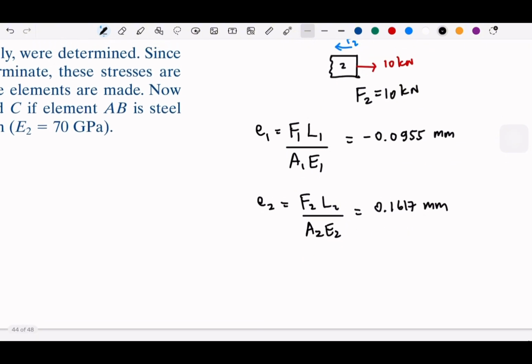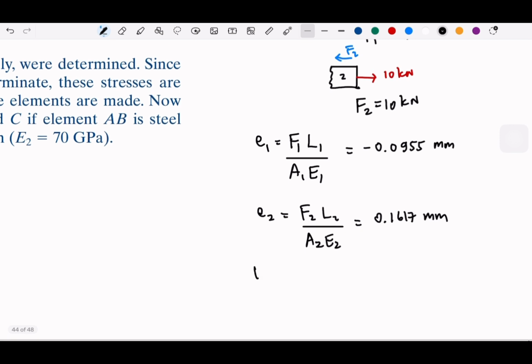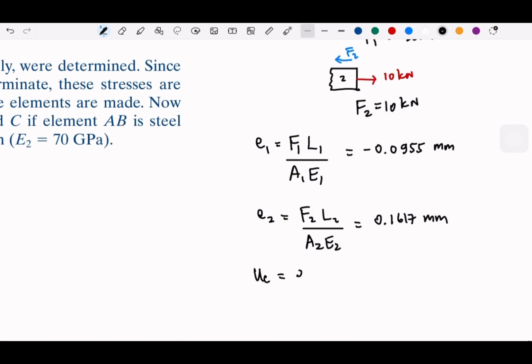And then we could take the total displacement. We just add these two, which is going to be 0.0662 millimeter. Okay.